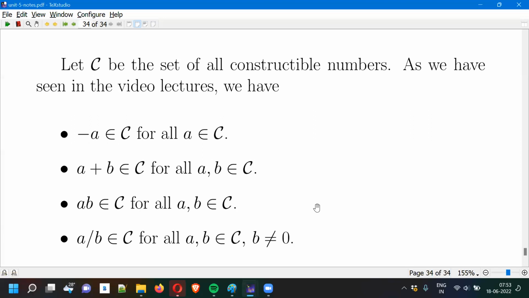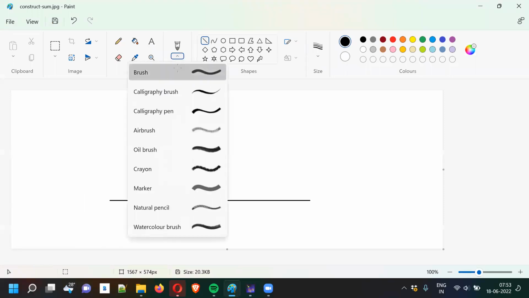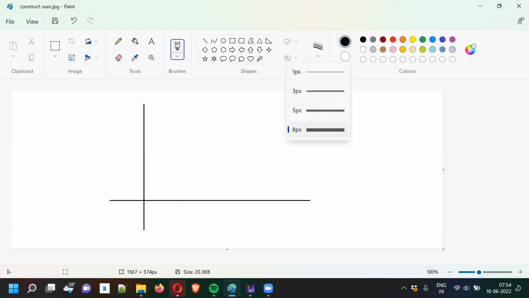Okay. So how do we do that? So again, let's do the simple case. So again, I mark a on the x-axis.